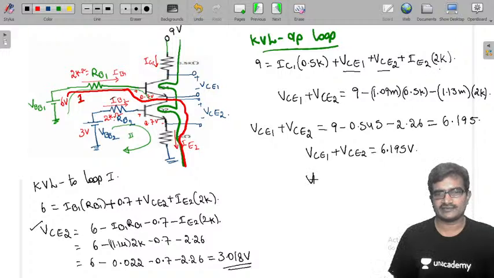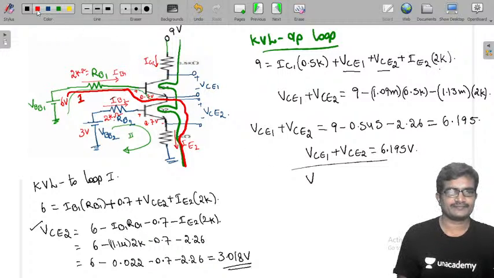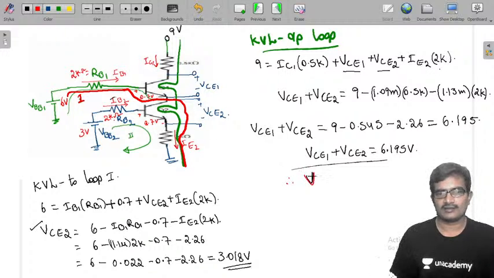Now take that. Therefore VCE1 equals 6.195 minus VCE2.